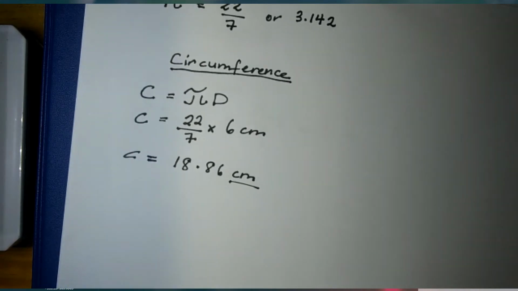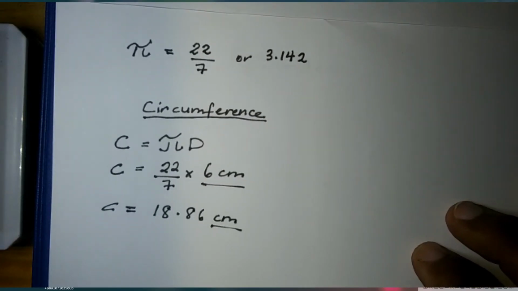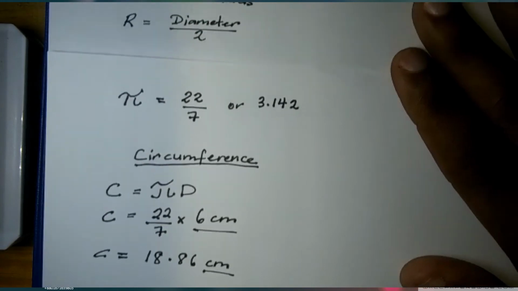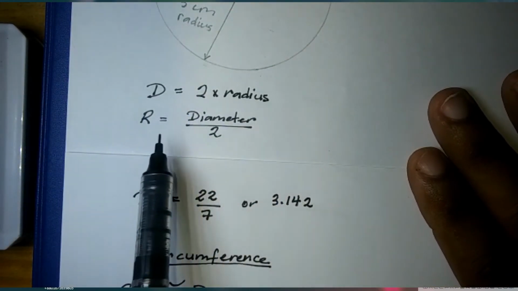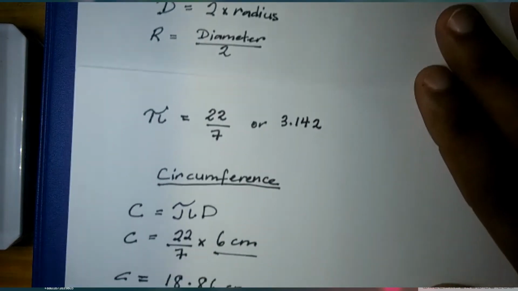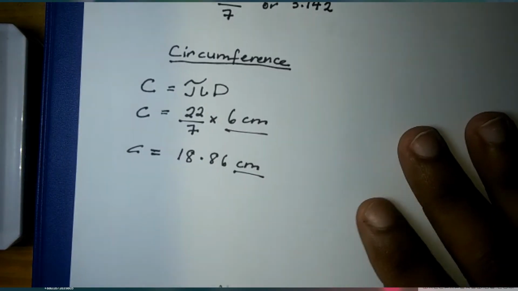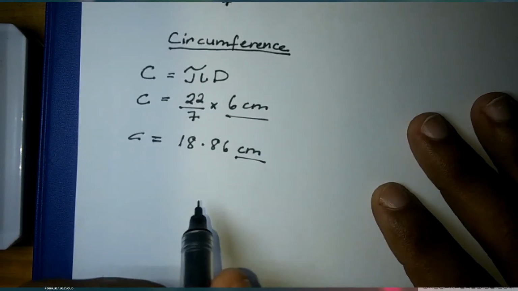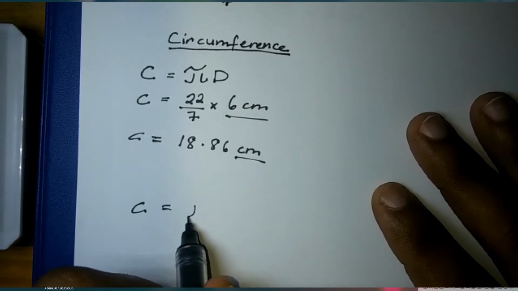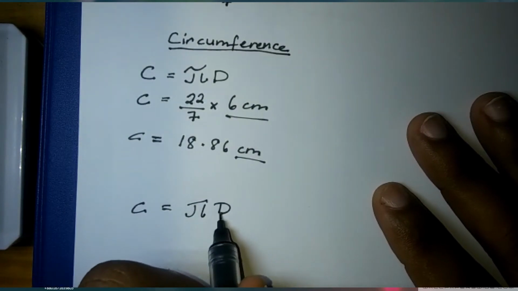Great. There we go. But suppose we don't have the diameter. Would we be stuck? Well, remember the relationship between the radius and the diameter. The diameter is 2 times the radius, or the radius is half the diameter. So if we were given the radius rather, remember, C is equal to pi d.